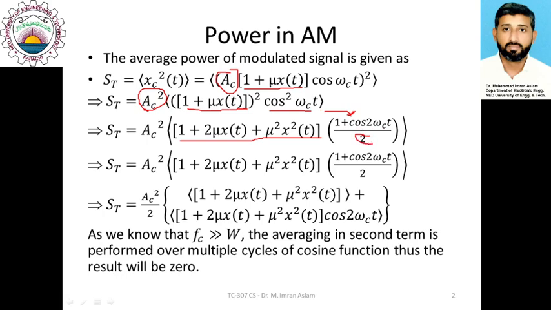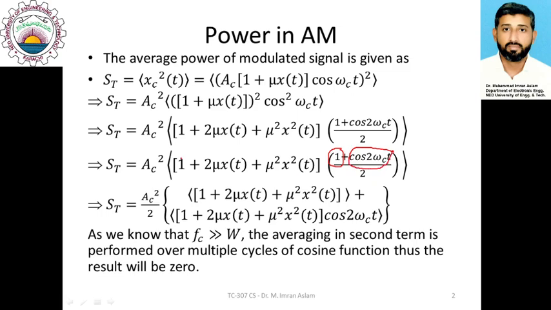Again, this 2 is constant, therefore I can take it out, so I would represent it here. And second thing, you should see that there are two terms here. One is this plus 1, and second is this cos 2 omega c t.